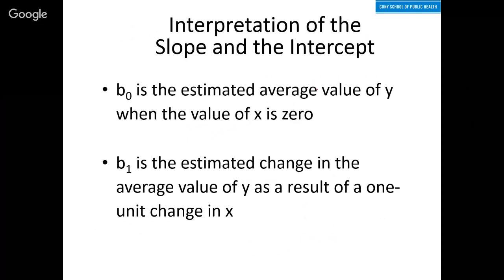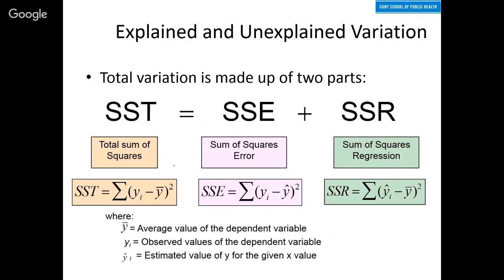If you change from kilograms to grams or pounds, both of these are going to change. B0 is dependent only on the scale of y, while B1 is dependent on the scale of both.